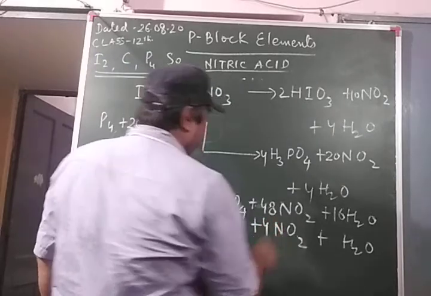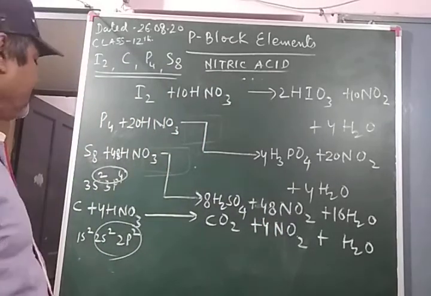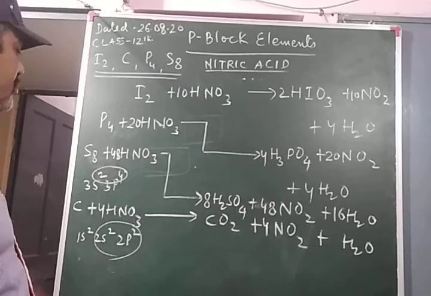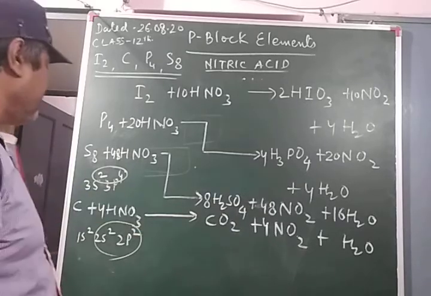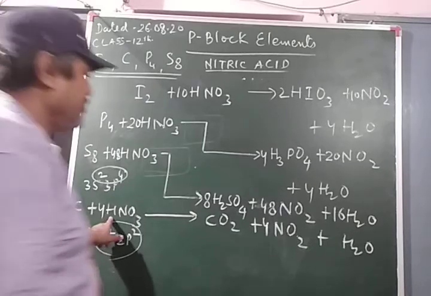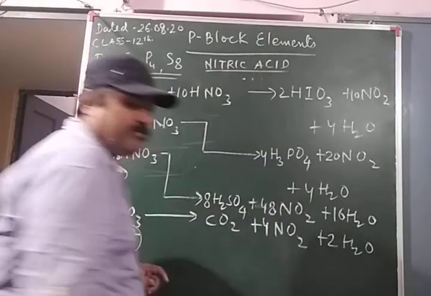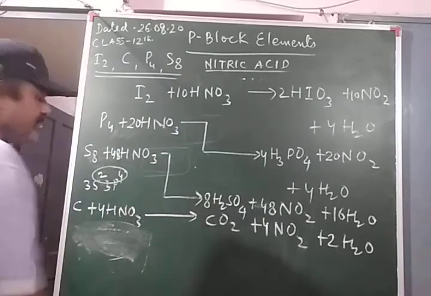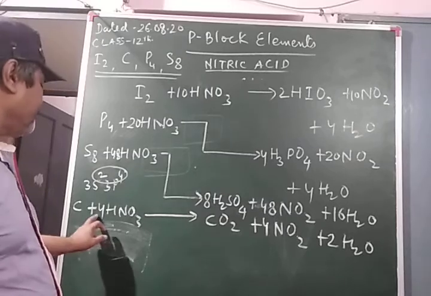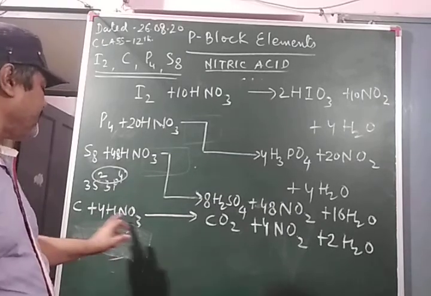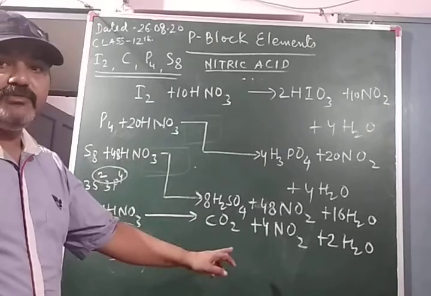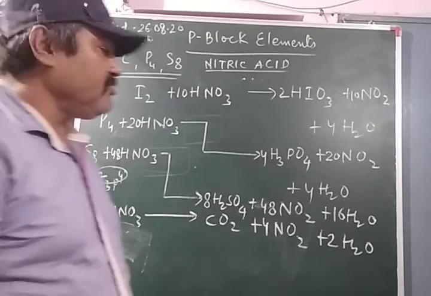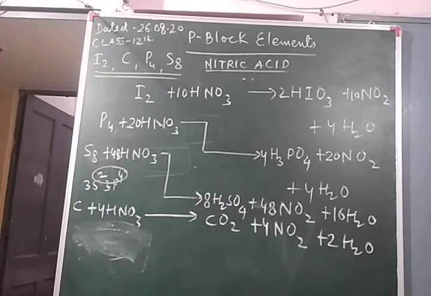NO2 will also have coefficient 4, so 4 NO2. Carbon dioxide is balanced. To balance the hydrogen, here it will be 2H2O. In this way the reaction of carbon with HNO3 takes place: C plus 4 HNO3 equals CO2 plus 4 NO2 plus 2H2O. Is it clear? So in this way these are the reactions of nitric acid.